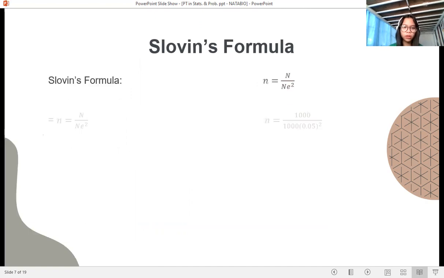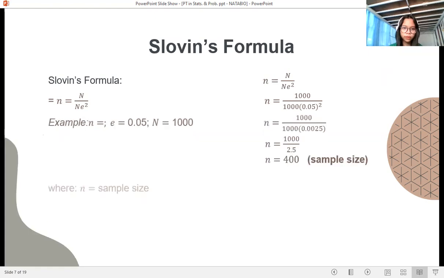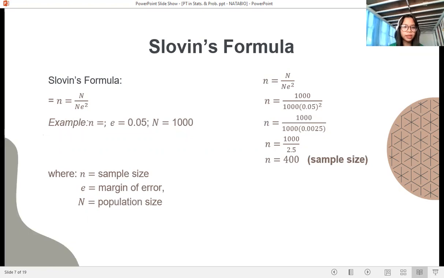Slovin's formula is n equals N over 1 plus N e squared, where small n represents the sample size, e represents the margin of error, and capital N represents the population size.